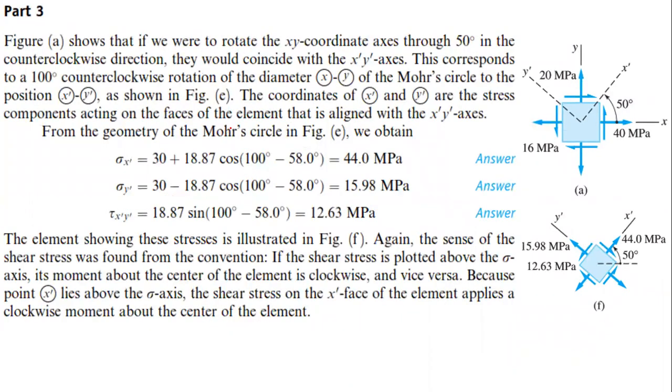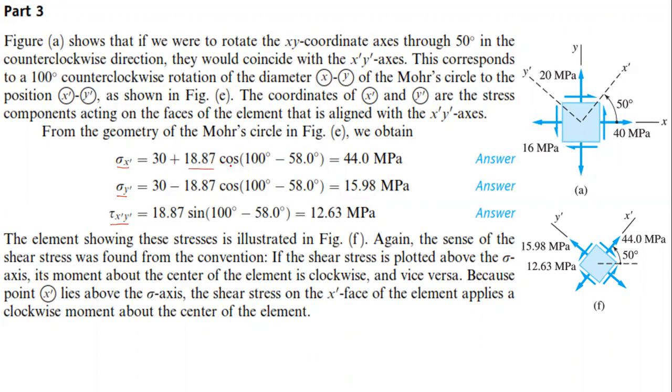Then, part 3. So, ang requirement sa part 3 is the sigma x prime and sigma y prime, then tau x prime y prime. So by looking at the Mohr circle, solve gihapon nato. Okay?